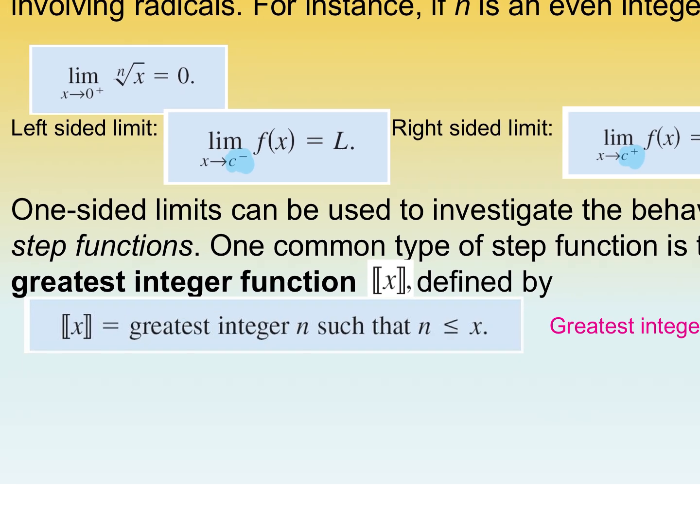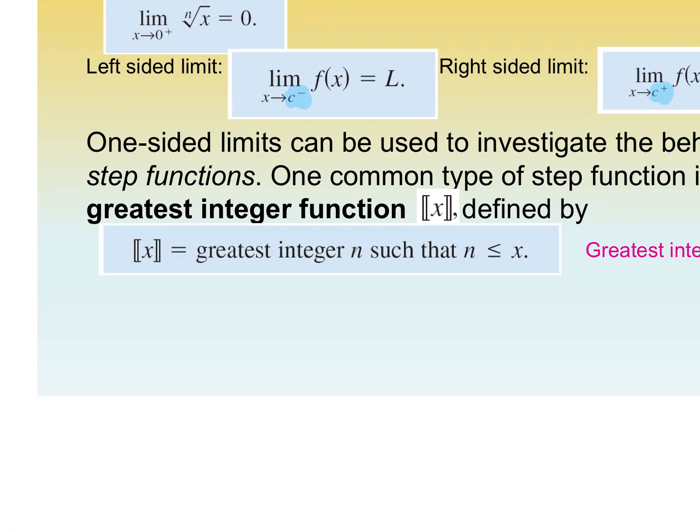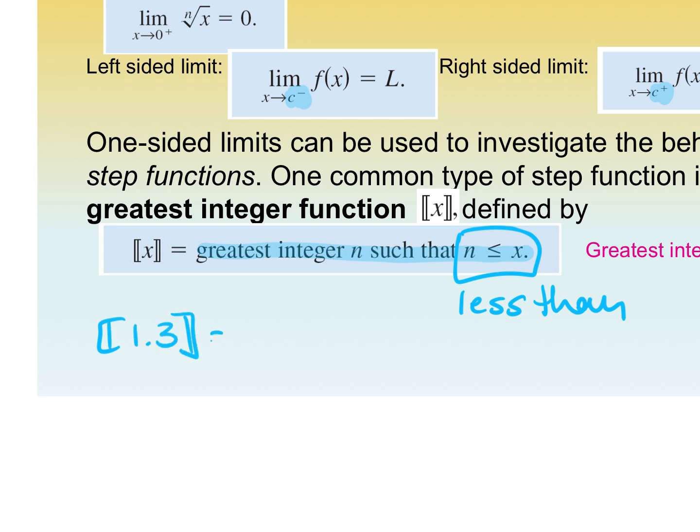We're also going to talk again about the greatest integer function. So that's kind of like the absolute value with the 2 bars in it. This is the greatest integer n such that n is less than or equal to x. So if I had the greatest integer of 1.3, what would this be? 1.